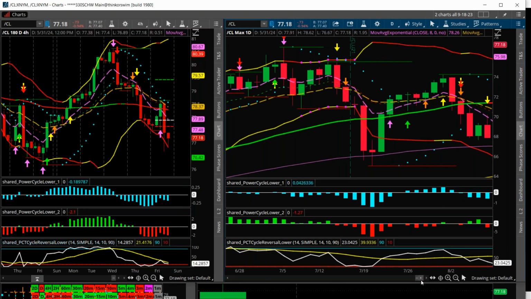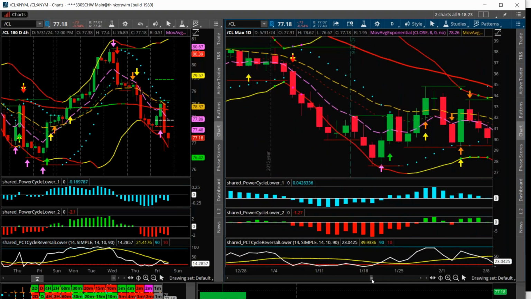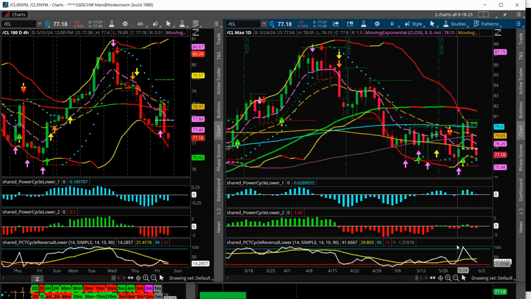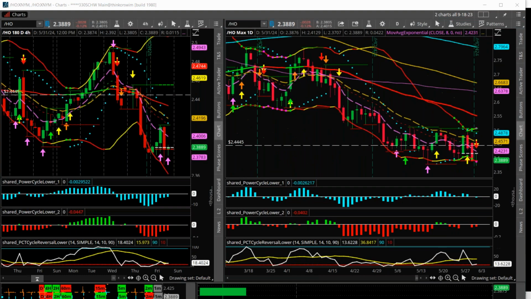Crude oil's in a squeeze, going nowhere yet, but consolidating. Right now it looks poised for a downside break. We've got an OPEC meeting this weekend. Here's heating oil.